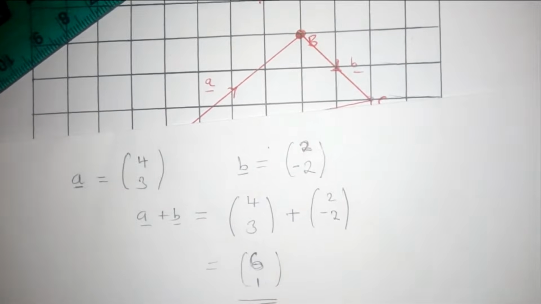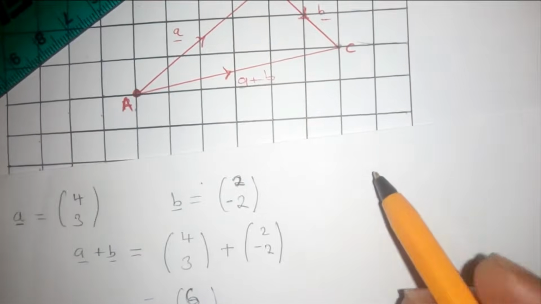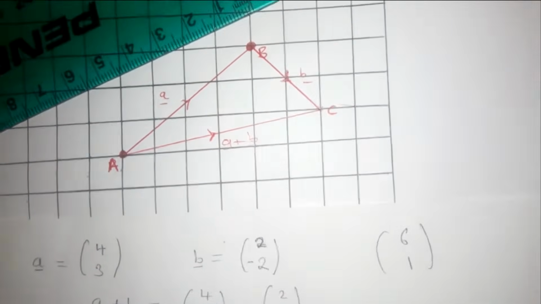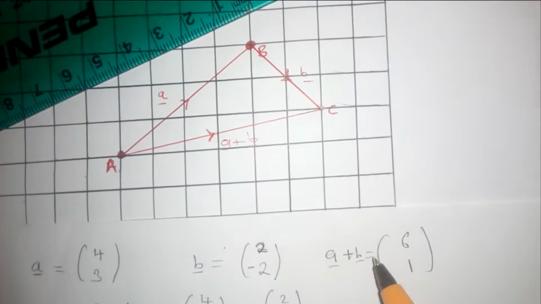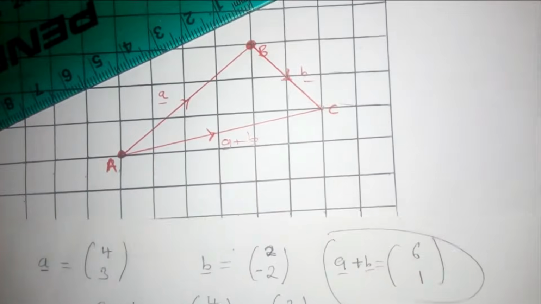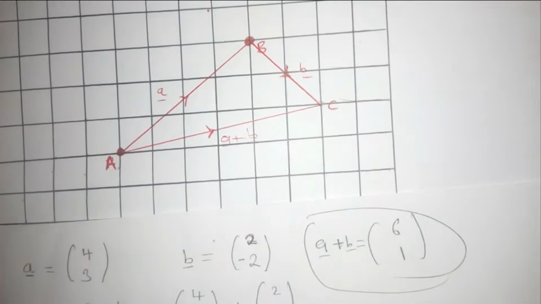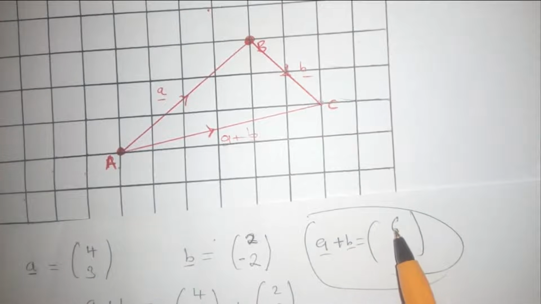Now let's check this vector here. If this is true, let me write it here, 6, 1 down here. We know that this is the vector BA, which is what we've just found. Let us check if it's true. Under the x-axis, where is it going?